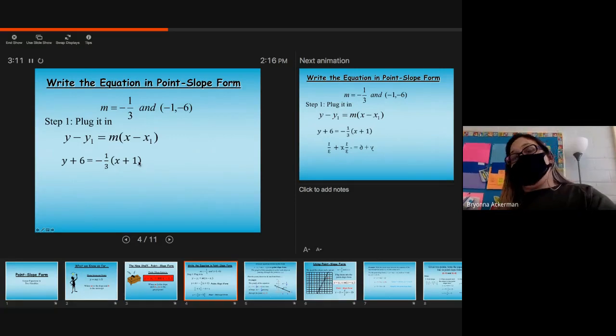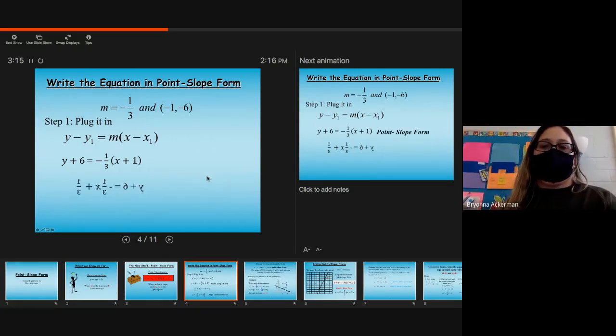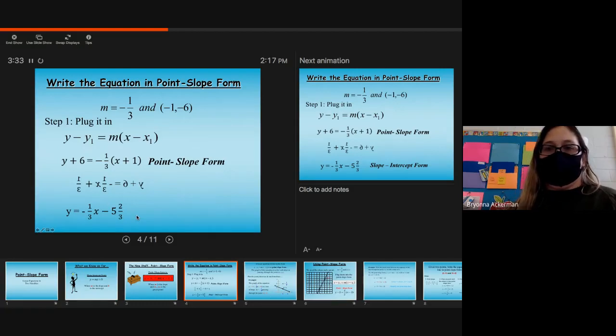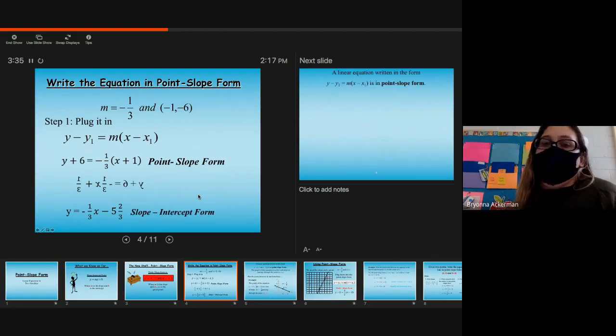If I want to get y equals form, I don't know why it came out backwards, sorry. You would do y equals, and you would do a negative 1/3 x, and then you'd have a negative 1/3 minus 5, though. And if you put that together, now this is in slope-intercept form. So we can go from point slope to slope-intercept if we want to.